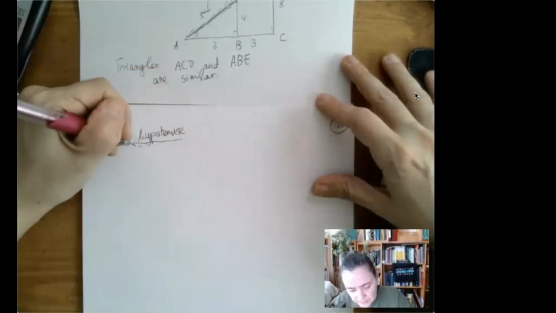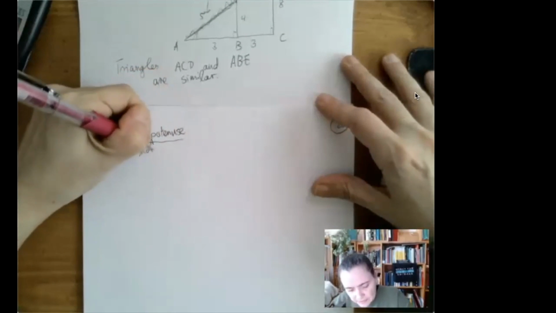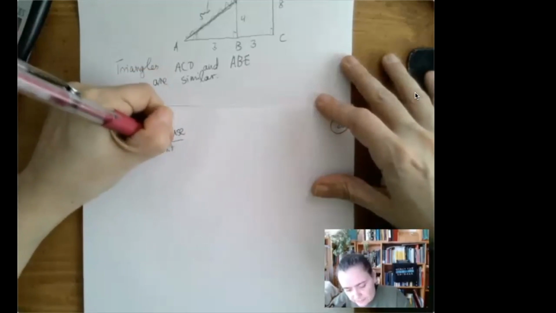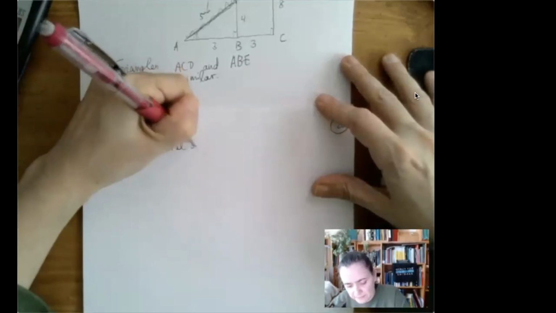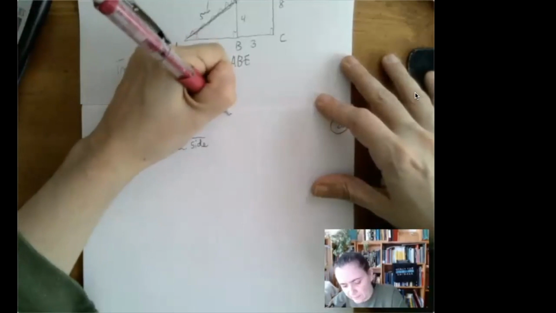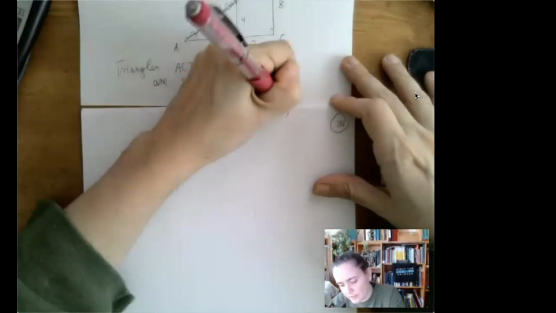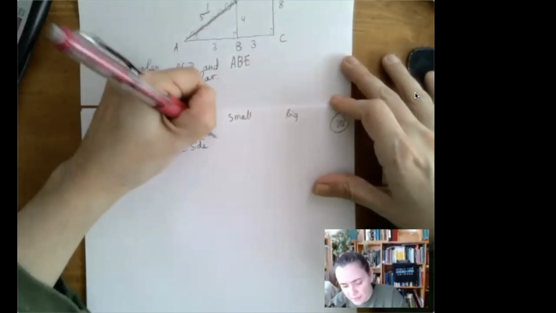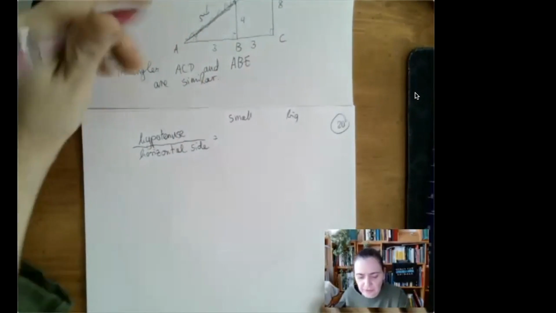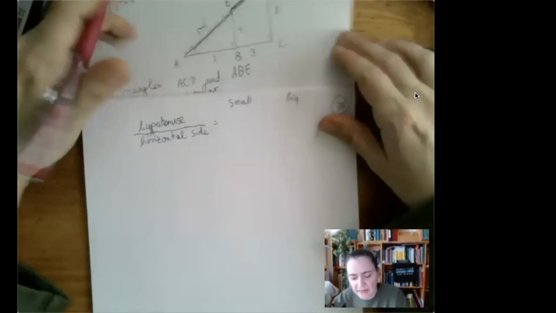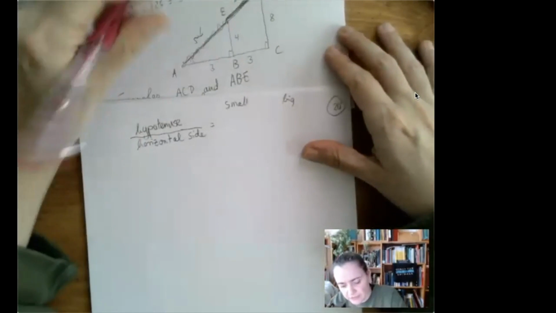over, say, the horizontal side, in the small one and in the big one. Now, in the small triangle, the hypotenuse divided by the horizontal side is 5 over 3.